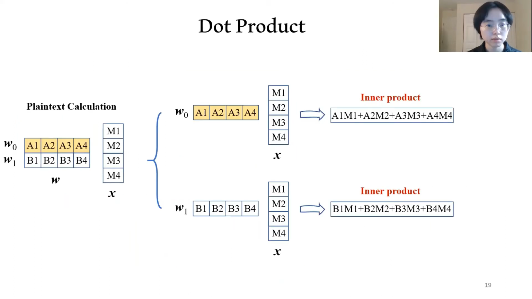As for the dot product, if we calculate it in plaintext, given the weight matrix W and the vector X, we can just simply multiply each row of the weight matrix and the vector X. The final inner product can be obtained by summing up the elements.